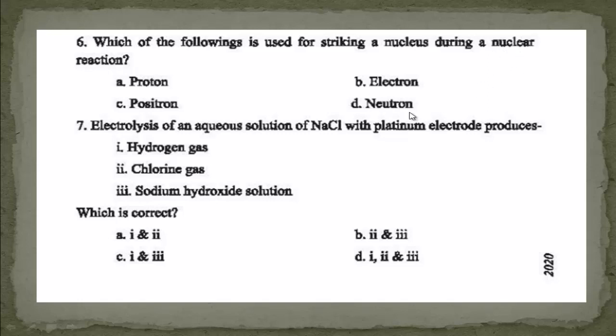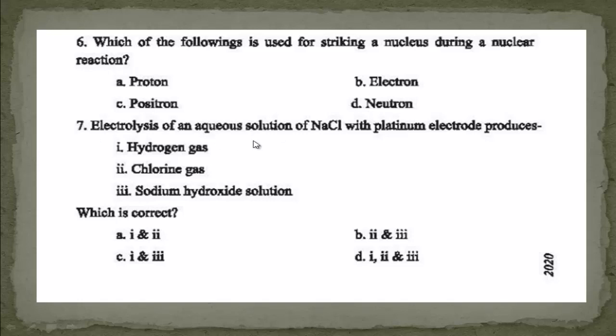When a neutron strikes an atom, it is converted into lighter nuclei and also produces more neutrons, which again strike other atoms, you know. In this way the chain reaction is initiated by striking neutrons.